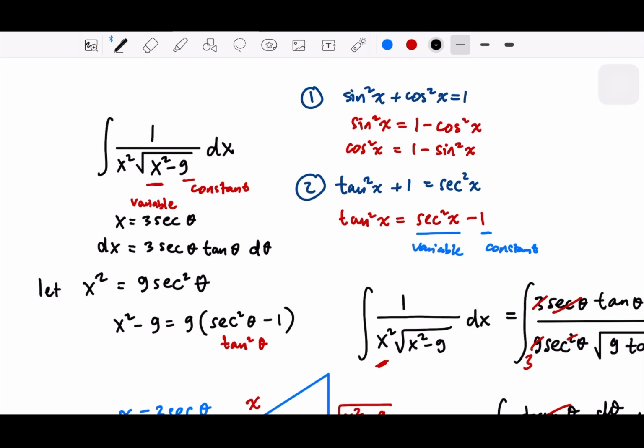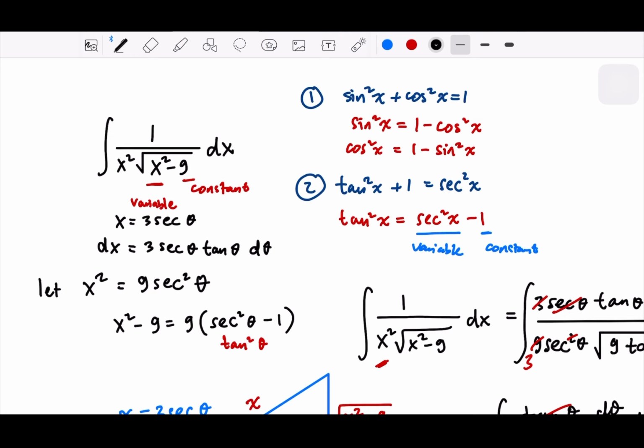Now the question is, why am I taking 3 and why secant? This is how we identify. The secant is because we have this form which has secant squared minus 1 as constant. And from the square root here, we have a constant 9, and it is in the form of a square.